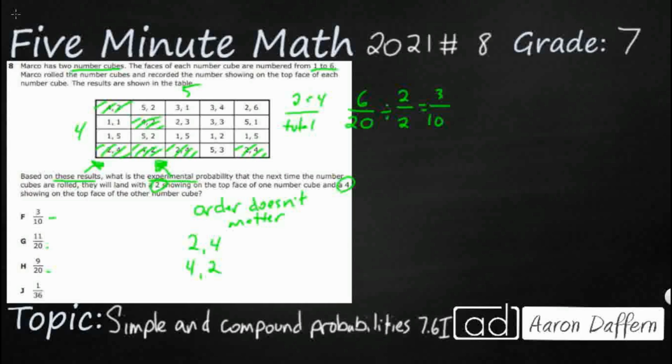Now that's our experimental probability. Slightly different, right? If we wanted to look at that as 0.3. Our theoretical probability is a little bit easier. What we're going to be looking at here is different than this experimental probability, but let's just say we wanted to roll a 2 and a 4.